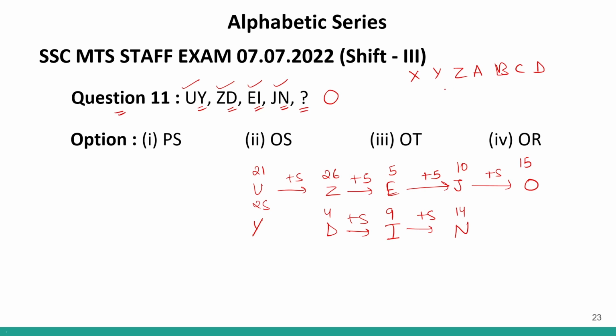So from Y, 1, 2, 3, 4, 5. This is plus 5. So this is also plus 5. So I will move plus 5 over here also. If I move plus 5, I will go to the 19th rank, and at 19th rank we have S. So the next element will be S. Okay. So my answer will be option number 2, O, S. Clear?